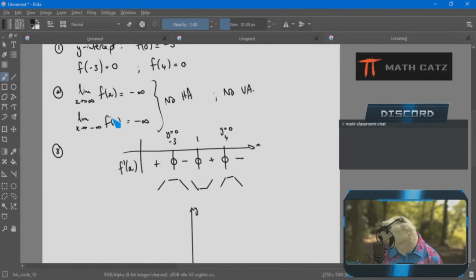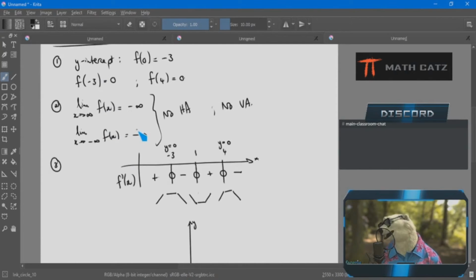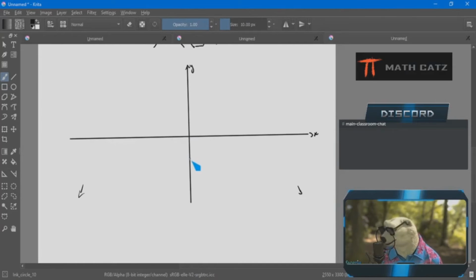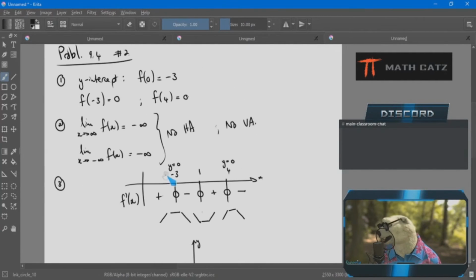That came out of step 2. I have a y-intercept at -3. Let's just put it randomly over here. I don't know. We might have to adjust it. If I need more space there, I can move it down. I have x-intercepts at -3 and 4. That's important, but not super important. Luckily, it lines up with where the critical points are: -3, 1, and 4.